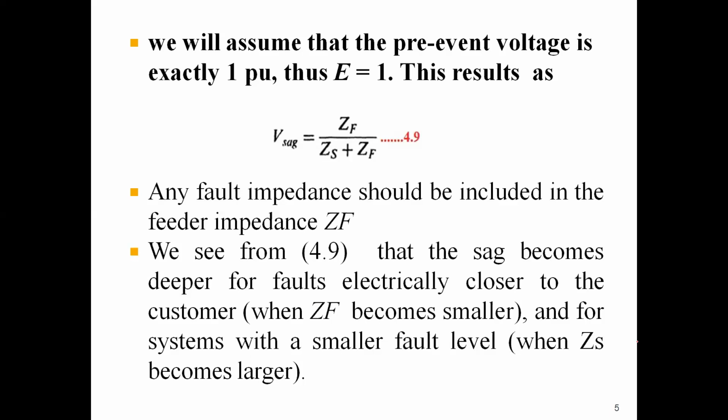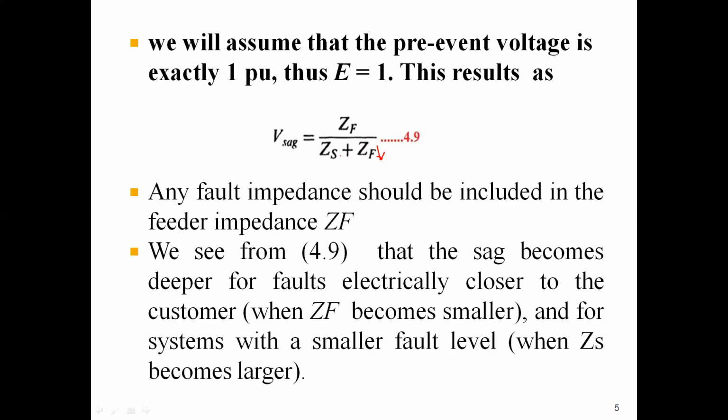The other case is for a smaller system, that is, when ZS is becoming large. You can say it in two ways. The same happens when ZF is becoming zero, or when ZF is reducing.